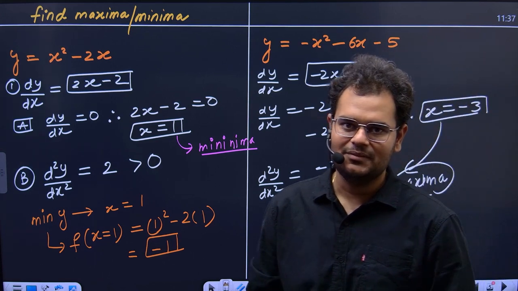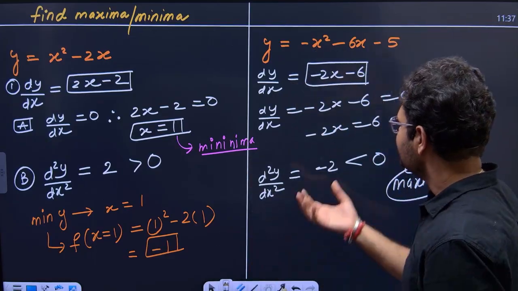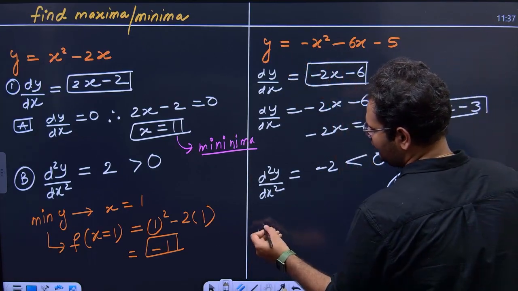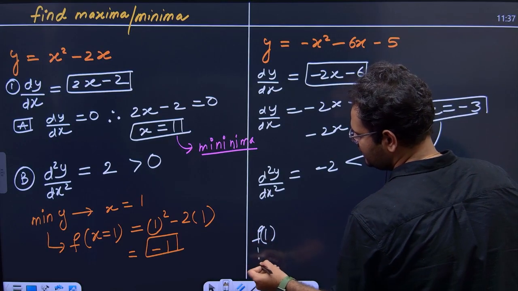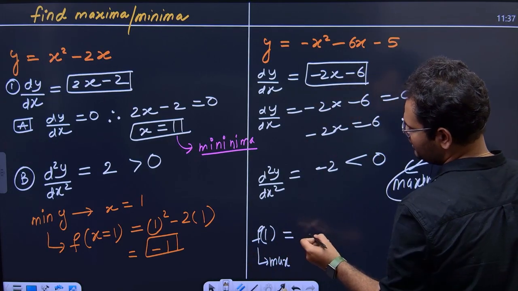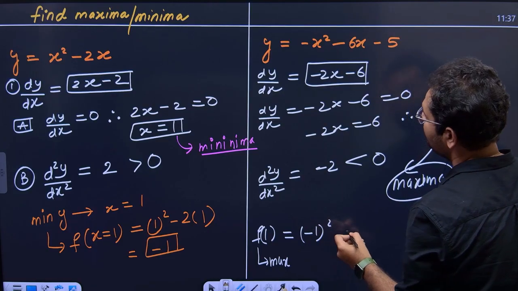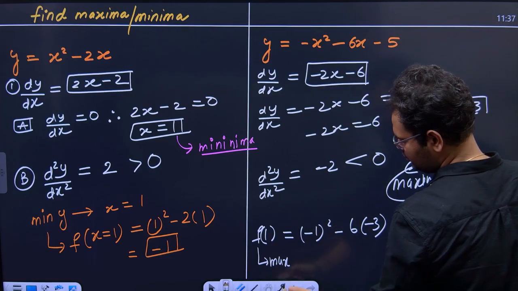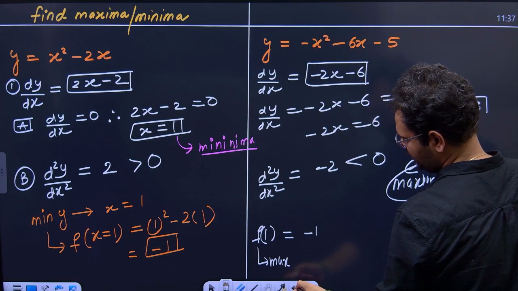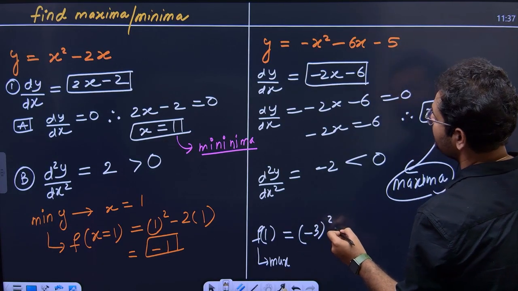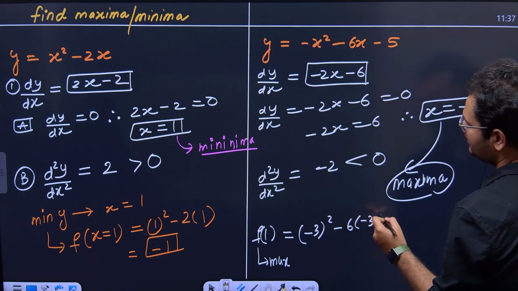This is maxima. Sir, if someone asks us what is the maximum value of this function, what will you do? So f of minus 3, this is nothing but the maximum value. How are you going to get it? Substitute the value there. Sorry, here it should be minus 3 square minus 6 into minus 3 minus 5.